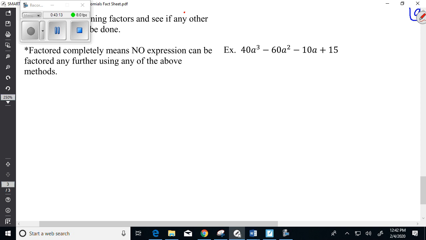So that's what we're going to do first. Divide everything by 5. You can't take out an a because the 15 didn't have one. So you have 5 parentheses 8a to the 3rd minus 12a squared minus 2a plus 3.